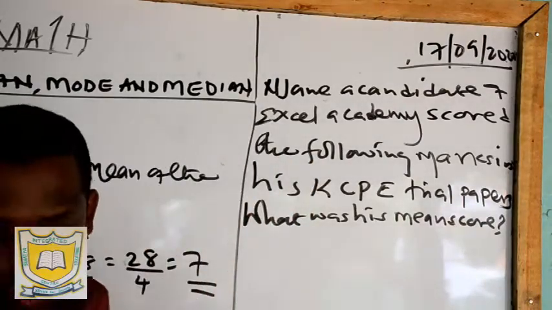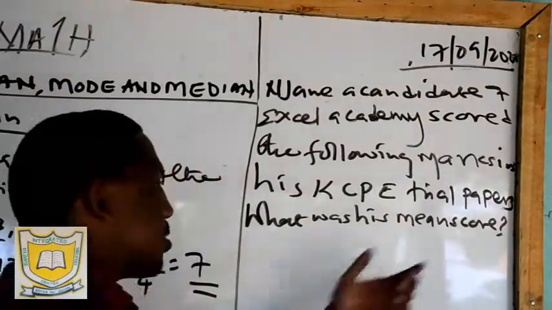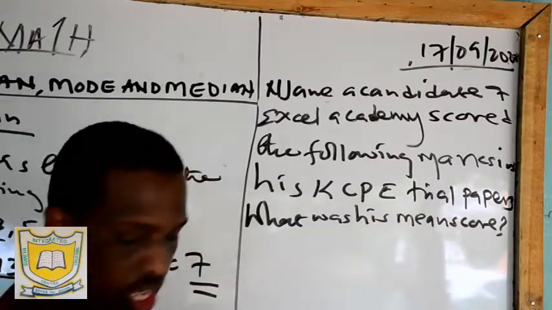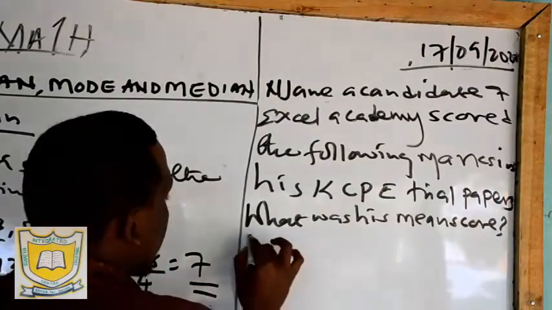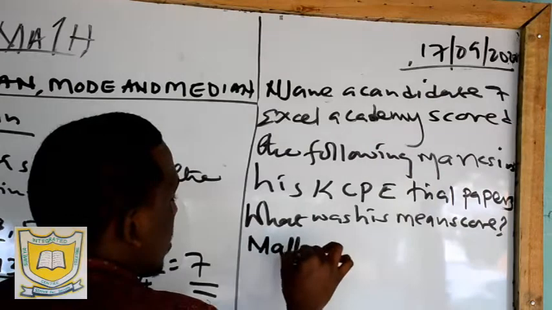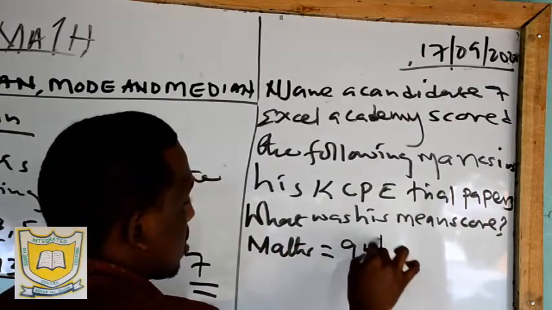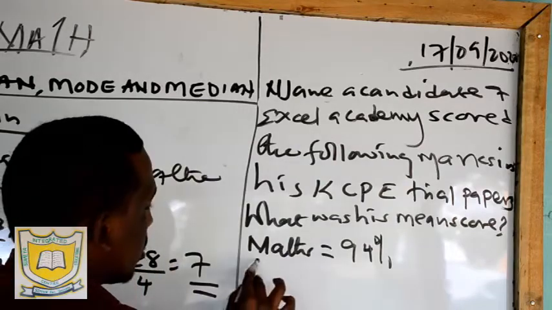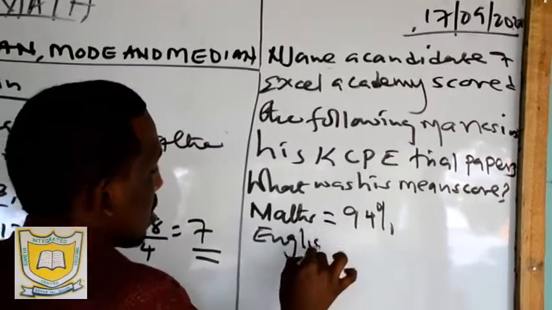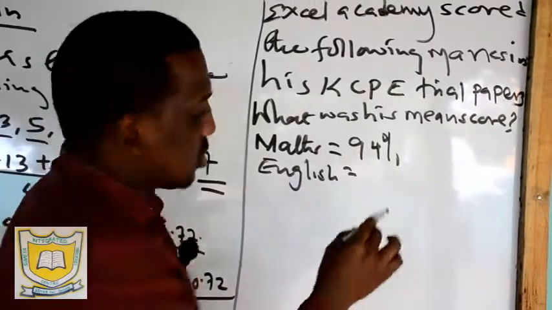They are asking the mean score of this. A mean score is the mean, the average. So here you are told we have maths, this guy got 94%. English, he got 81%.